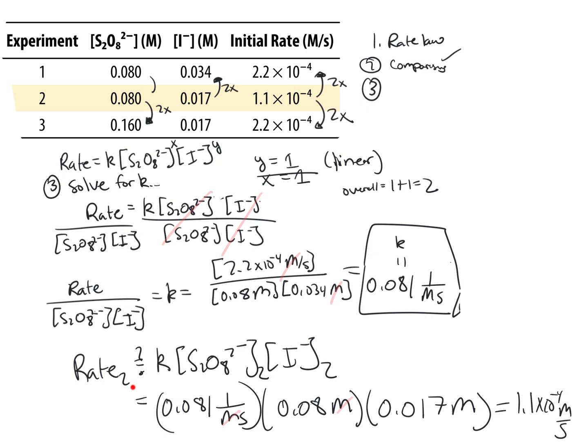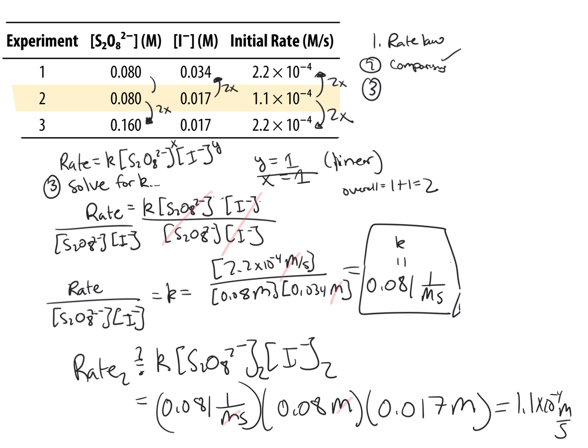I'm just going to plug back into the normal rate law, k times S2O8 2- to the first power, times I- to the first power, and I'll just pick trial 2 arbitrarily. Maybe it would have been better if I picked trial 3, because then both of the things changed from trial 1, but whatever. So I plug in k, I plug in S2O8 from trial 2, I plug in I- from trial 2, and I see what I get.